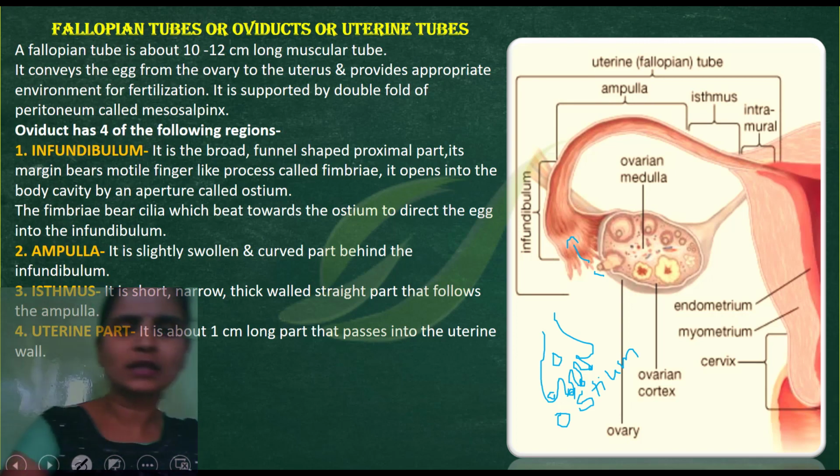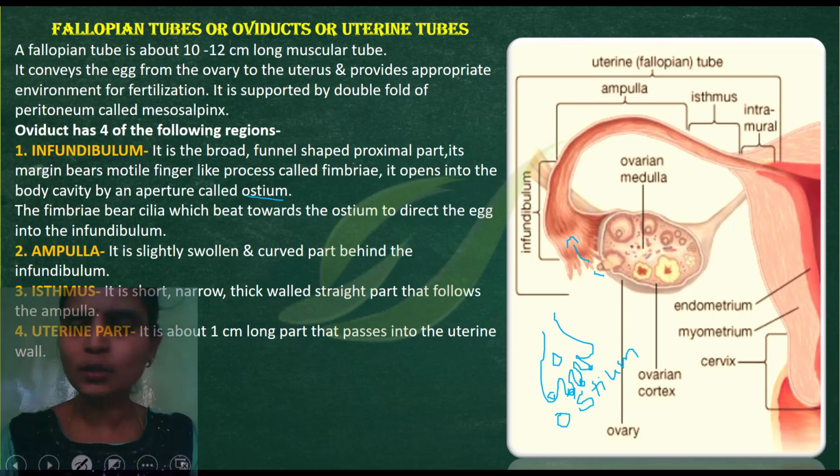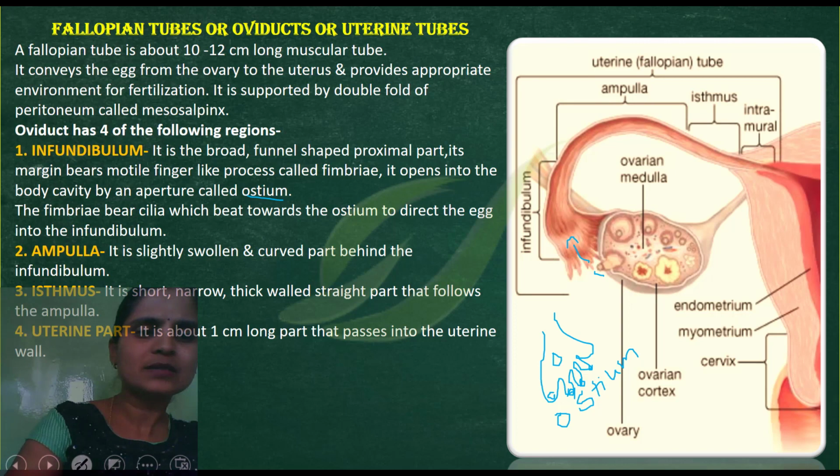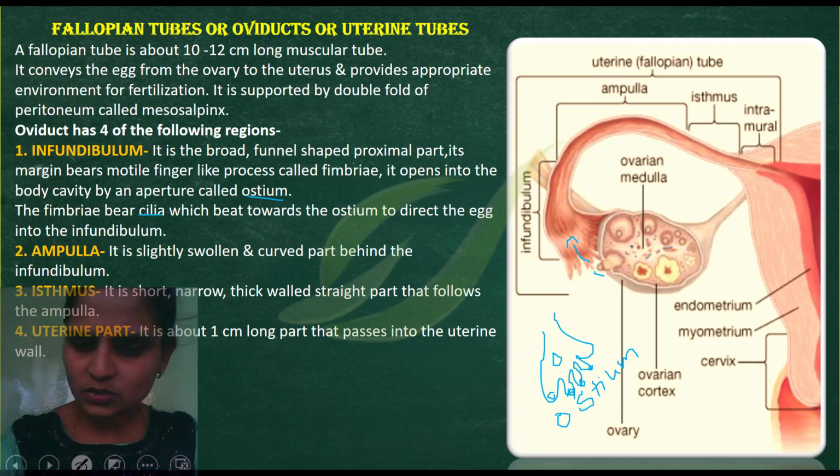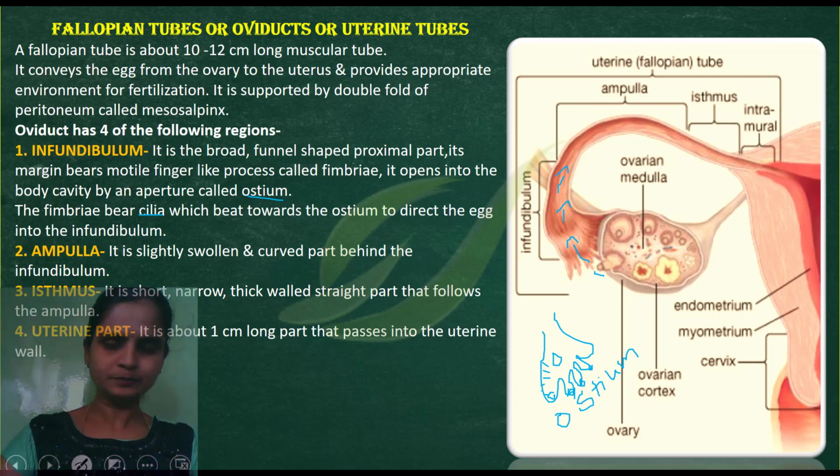Ostium is nothing but the aperture or pore present in the fimbriae. The fimbriae also consist of ciliated cells, so that once the ovum enters, it is transferred internally into the oviduct.